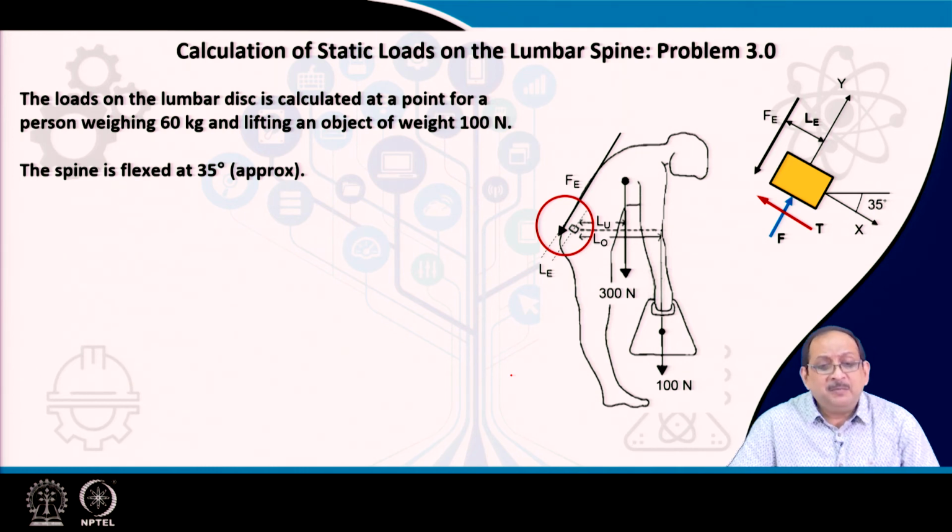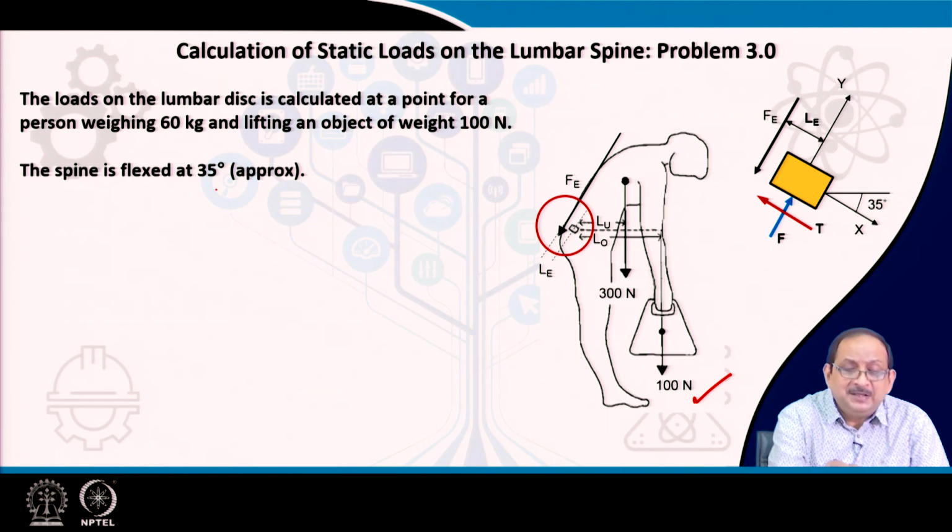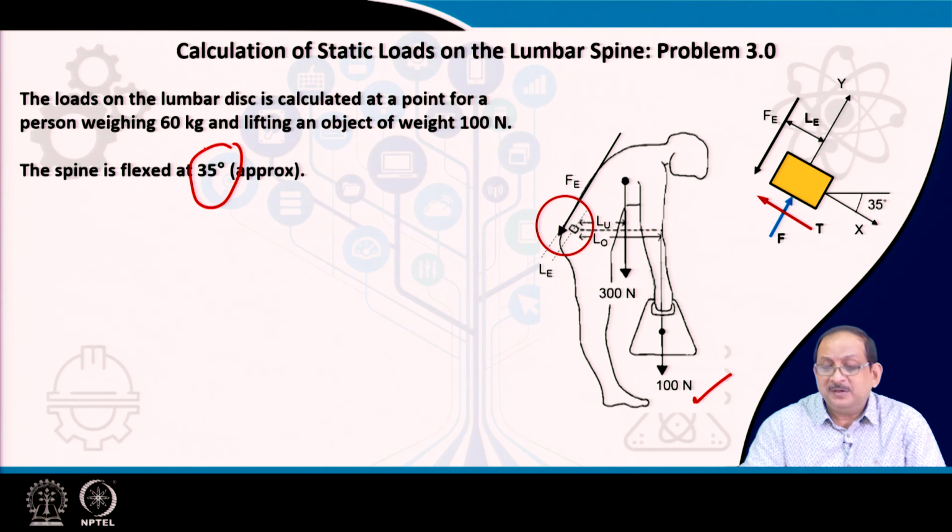The load on the lumbar disc is calculated for a person weighing 60 kg and lifting an object of weight 100 Newtons. So, the 100 Newton is the weight of the object, and we assume that the spine is flexed at approximately 35 degrees.